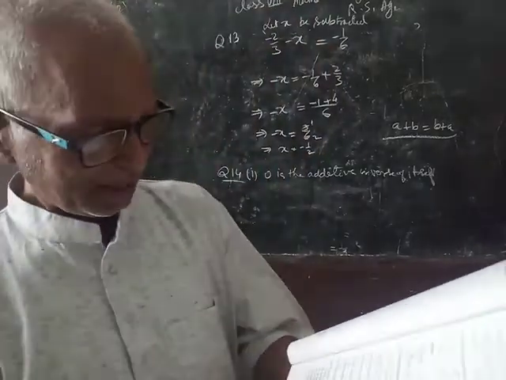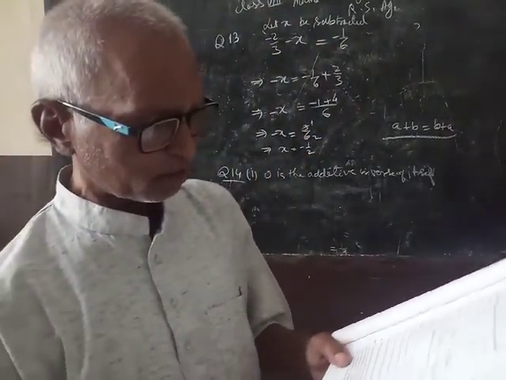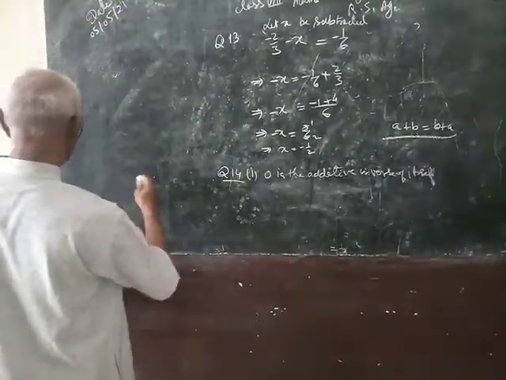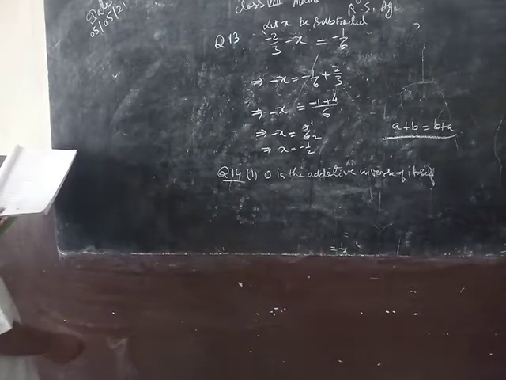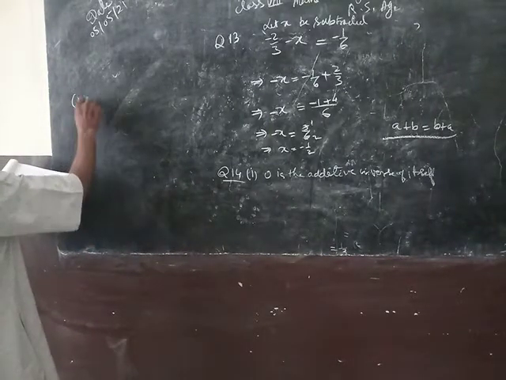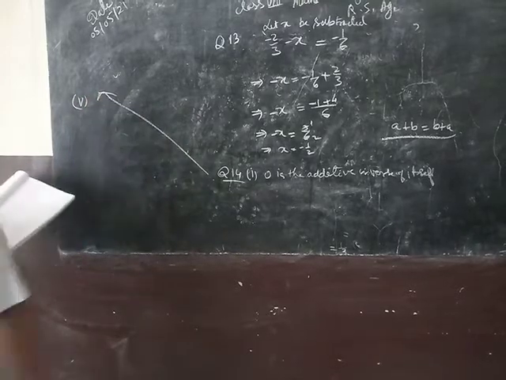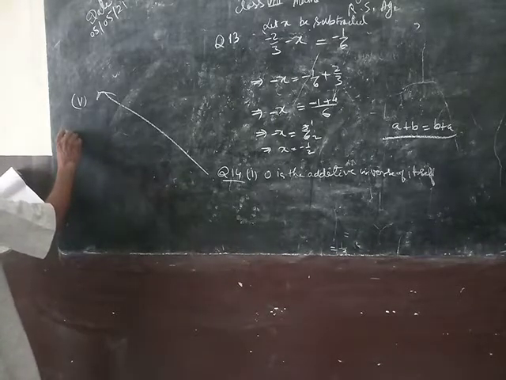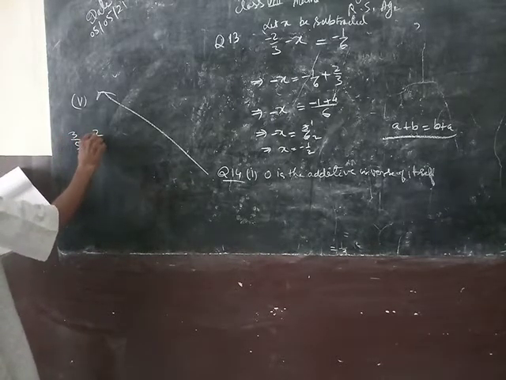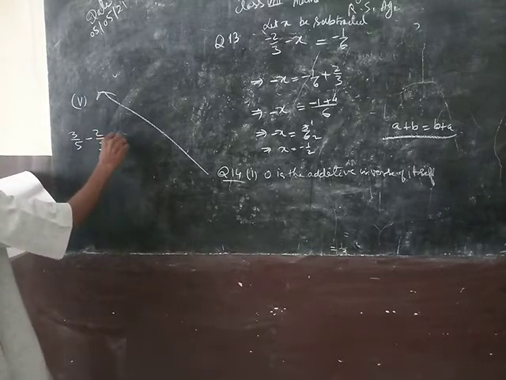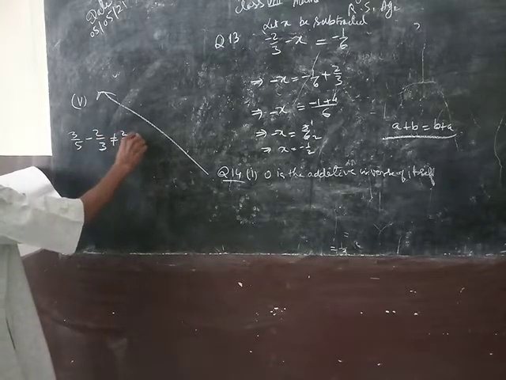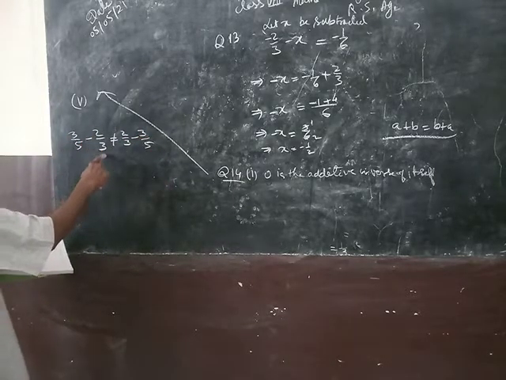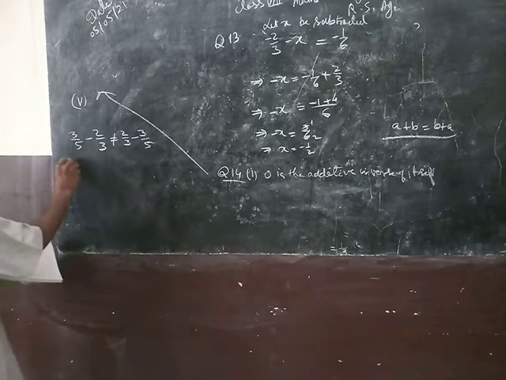Number 5, is subtraction commutative on rational numbers? The answer is no, because you see here the example of part 5 of 14 shows subtraction is not commutative, because 3 by 5 minus 2 by 3 is not equal to 2 by 3 minus 3 by 5. One number is 3 by 5, other is 2 by 3, and you see the result is different.